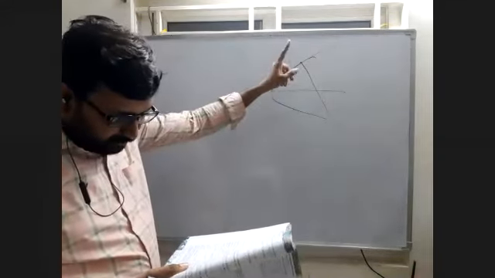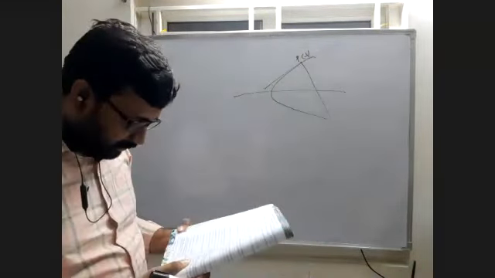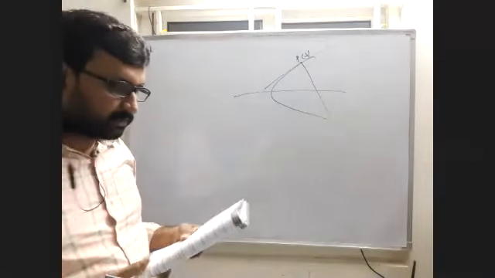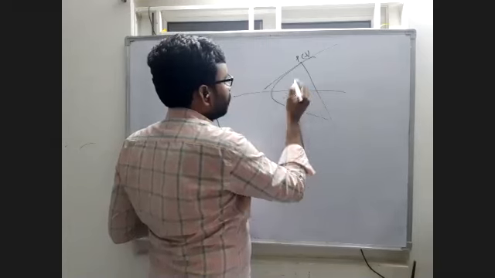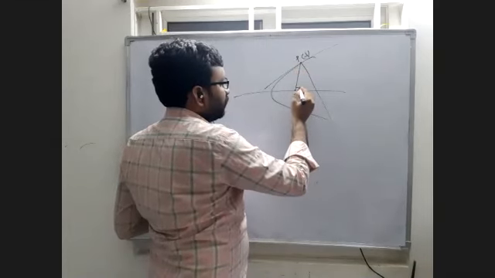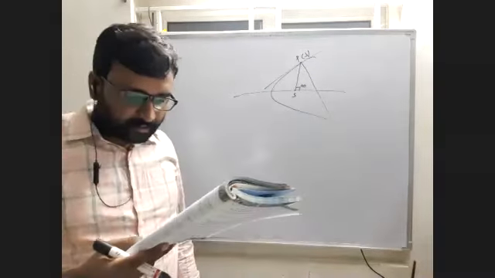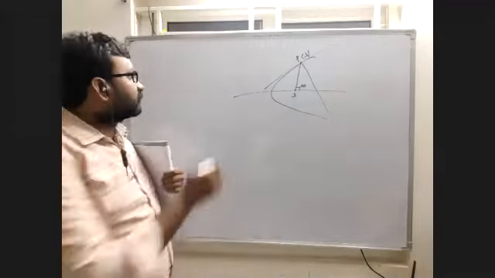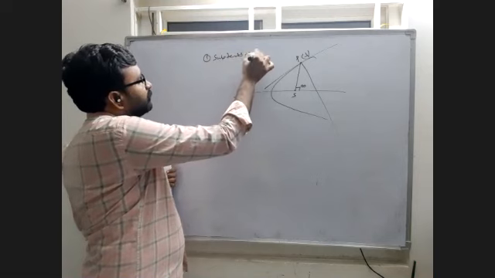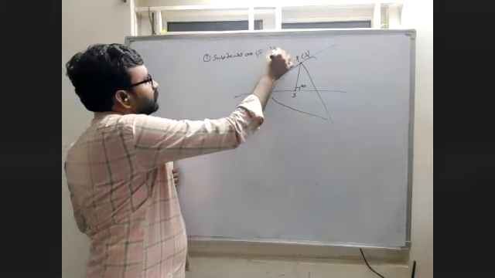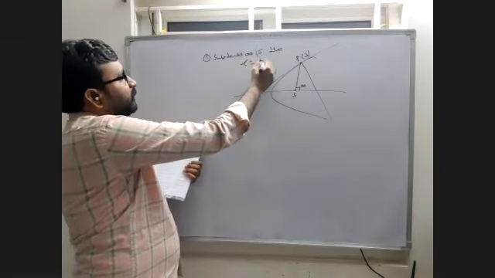The normal at P of t and the parabola subtends a right angle at the focus. This is the focus. If this is 90 degrees, it subtends 90 degrees at the focus. Then the condition is what? t equal to plus or minus root 2.